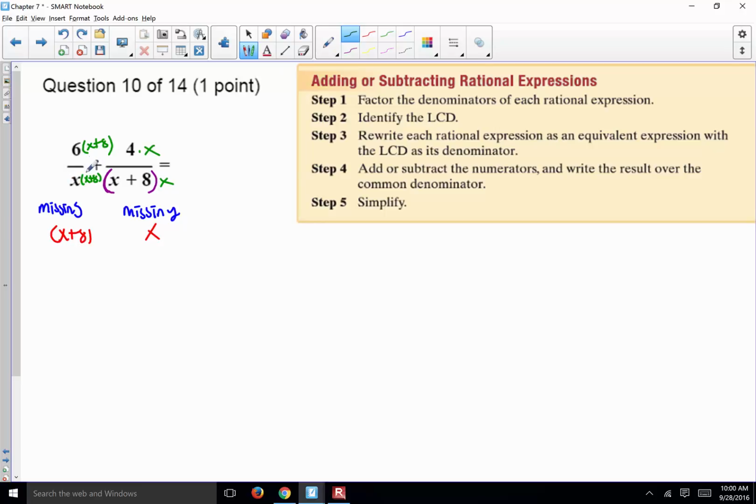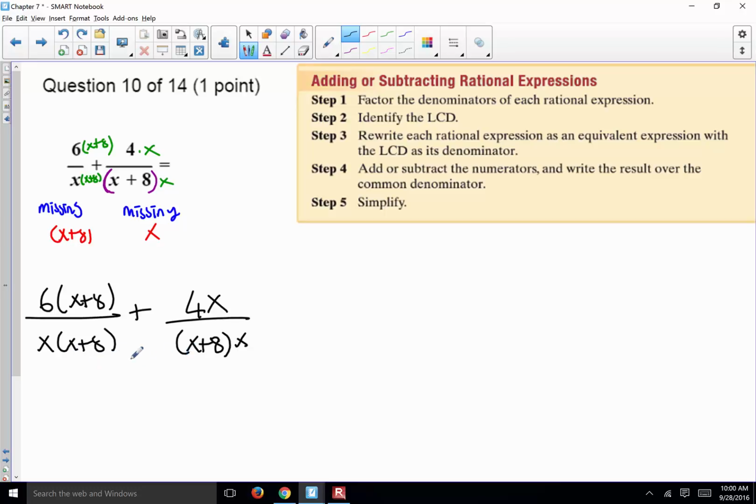So now we have, let me rewrite this, 6x plus 8 on the top, x plus 8 on the bottom of the first fraction. The second one is 4 and x plus 8 and x. Do we have a matching pair of denominators here? Common denominators? Although in reverse order, yes, they are the same.